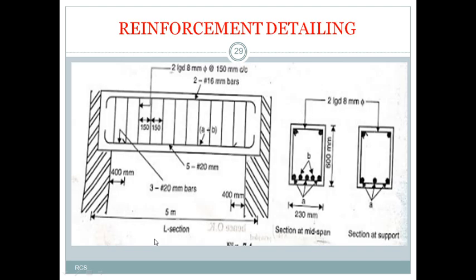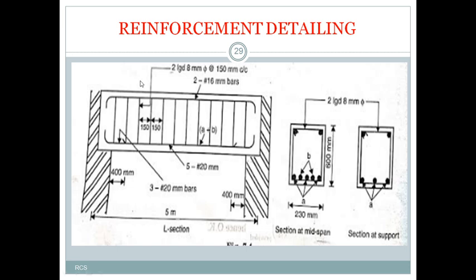So let us see the detailing of reinforcement, as we are designing for a simply supported beam. These are the simple supports, and we have calculated 5 numbers of tension reinforcement of 20 mm diameter bars. So they are provided in the tension zone. So this is the tension zone of the beam. Here we have to provide 5 numbers, and I already explained to you that 3 bars are going up to the supports and 2 bars are cut off.